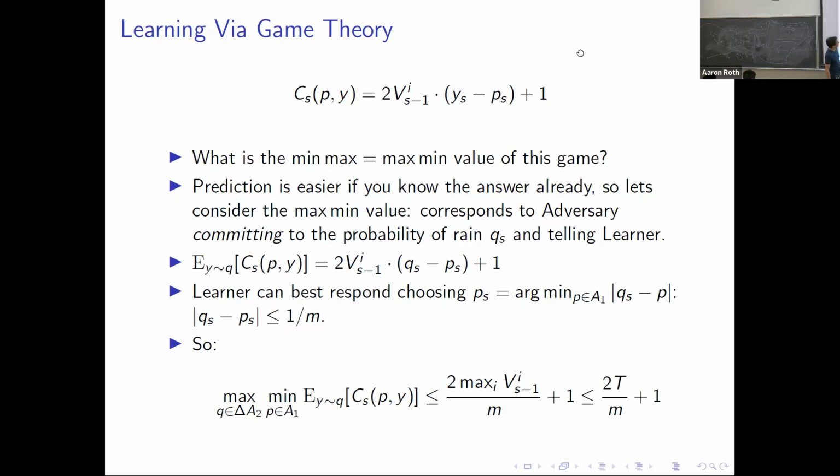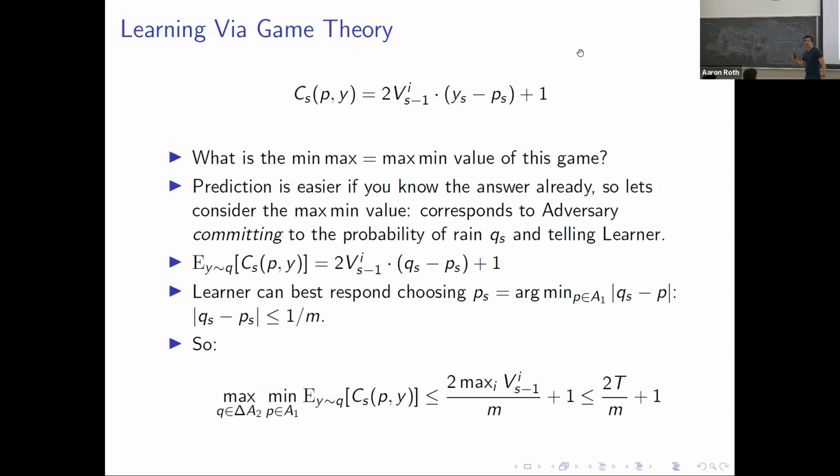The max-min value of the game, well, it's at most the maximum of the calibration loss I've experienced so far in any bucket, times 1 over m, so I can make this as small as 1 over m plus 1.